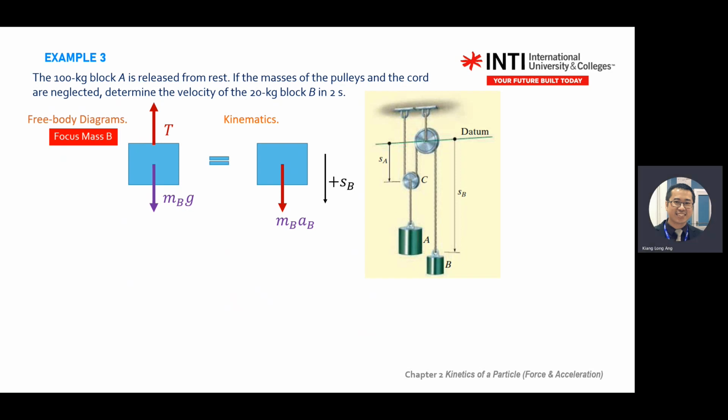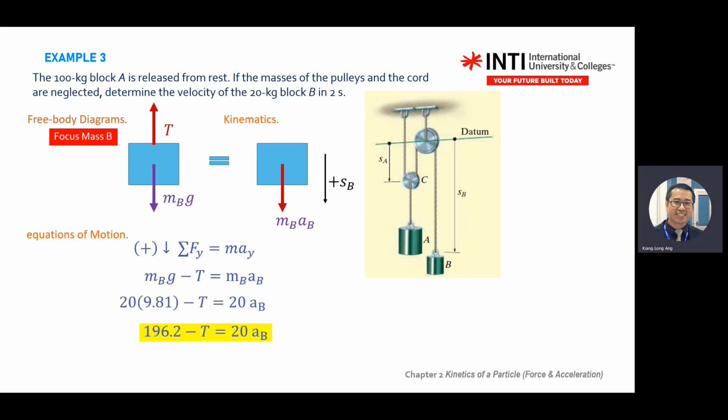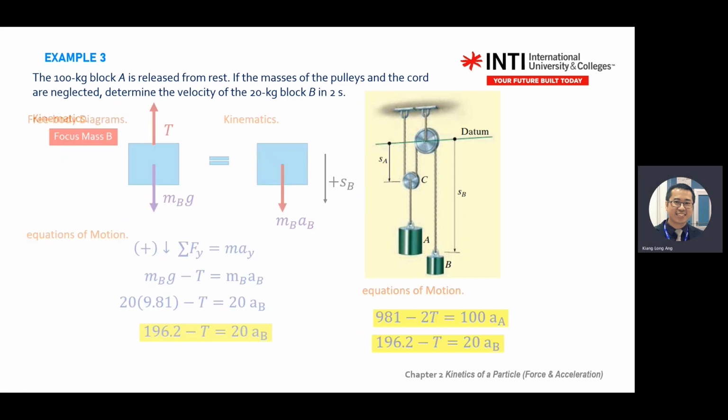Don't always assume positive. When you see a pulley system, refer to the datum. So you see, mg now is positive because the datum points down positive. Right? With substituted values, you get one more equation that links T and B. We have two equations.